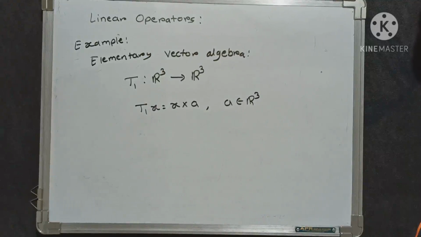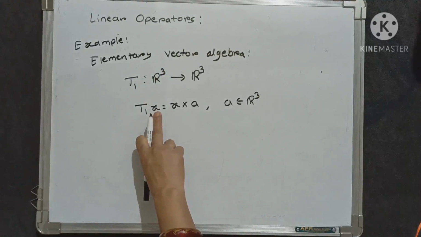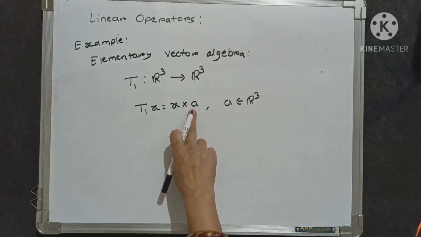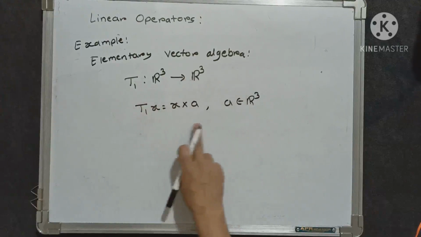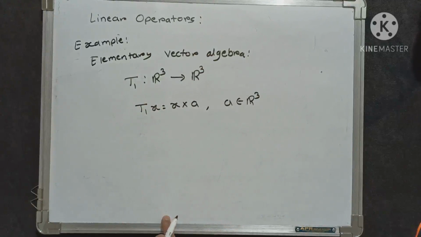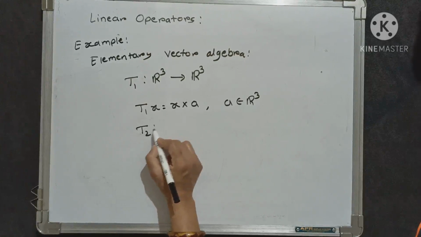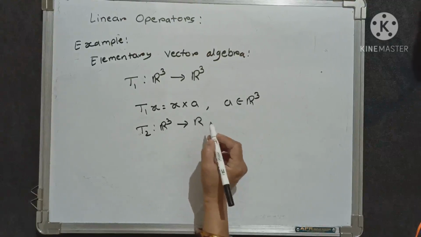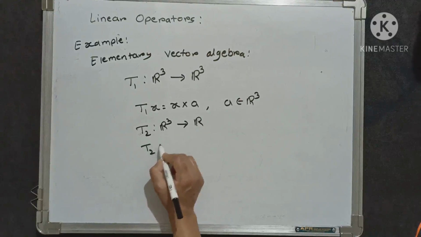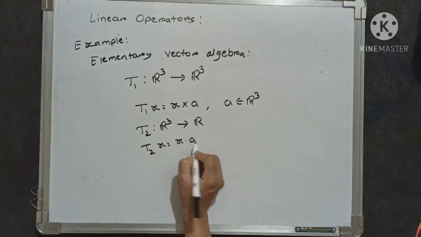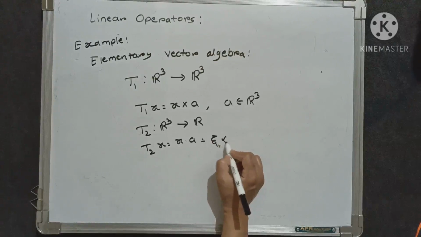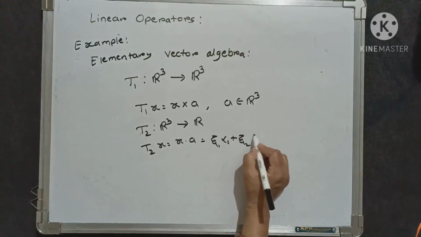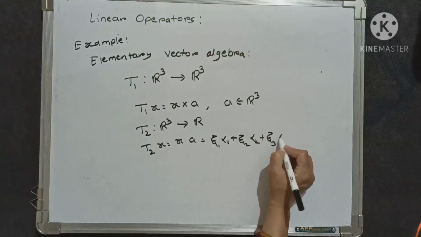In this way, the cross product of x with one element kept fixed is a linear operator. In the same way, the dot product with one fixed factor defines a linear operator. We give it the name T2, which is from R3 to R, and it is defined like this: T2 of x is equal to x dot a, which is equal to xi1 alpha1 plus xi2 alpha2 plus xi3 alpha3.